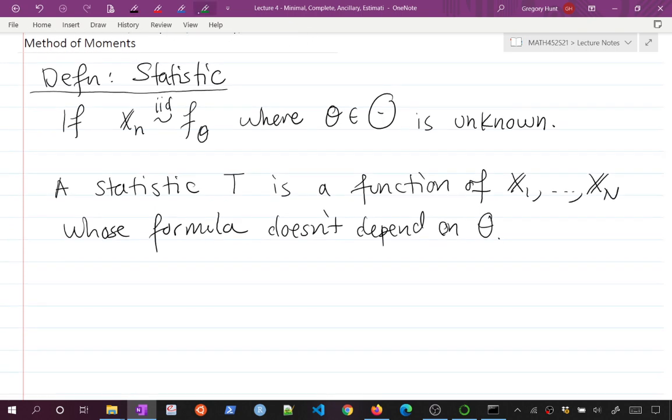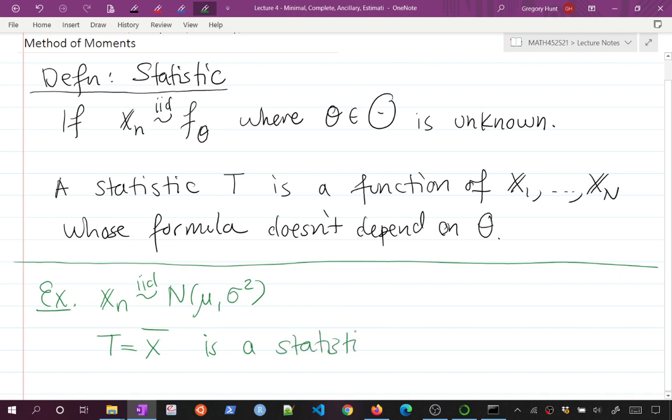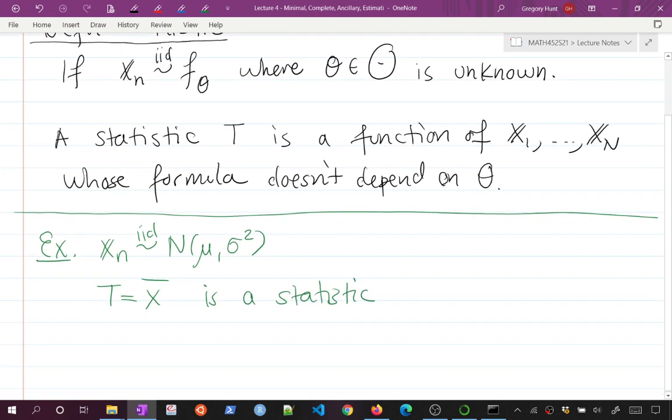What we're trying to avoid is that if I have a random sample from some normal population, then T equals x bar is a statistic, but T equals mu isn't a statistic.